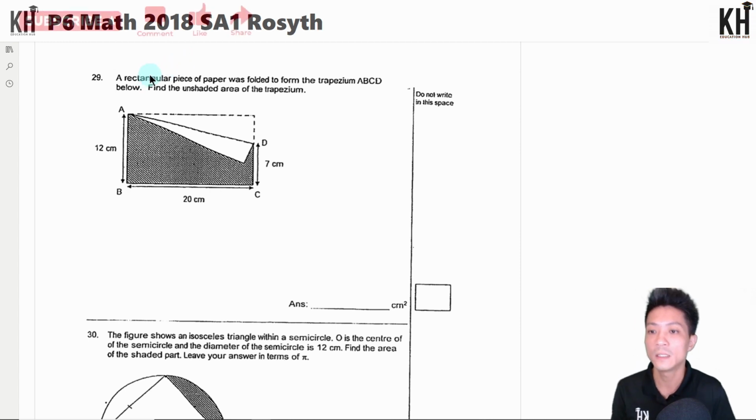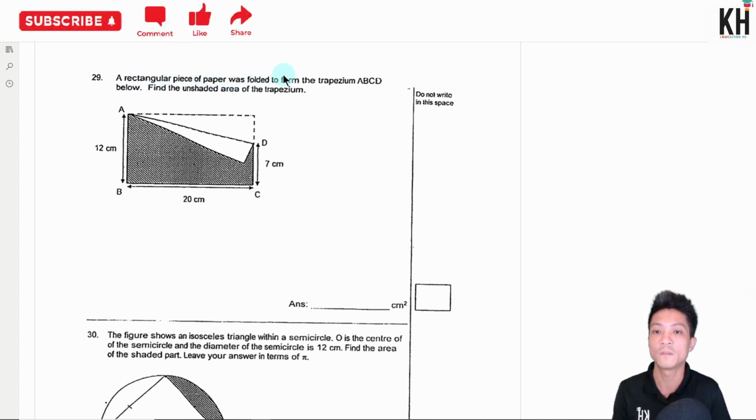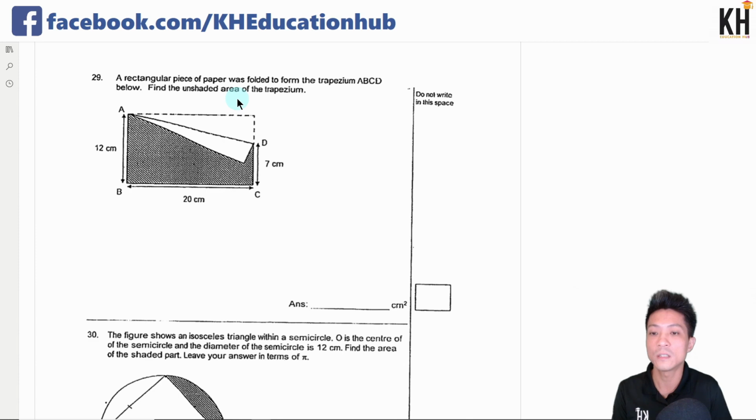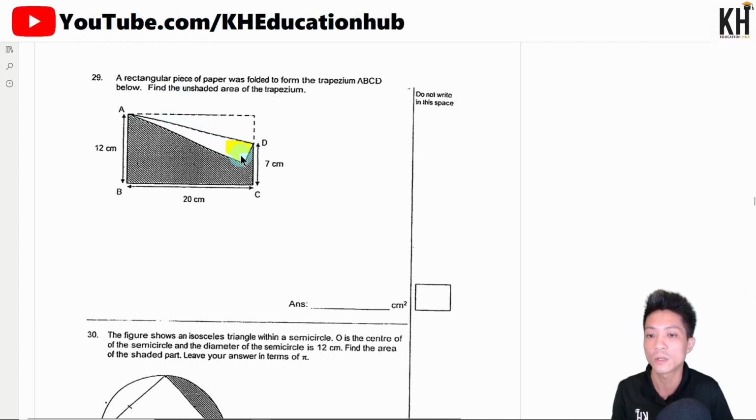Question 29. A rectangular piece of paper was folded to form a trapezium ABCD below. Find the unshaded area of the trapezium. The unshaded area of the trapezium is basically this triangle over here.